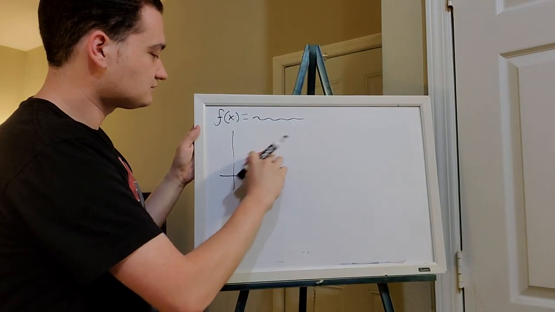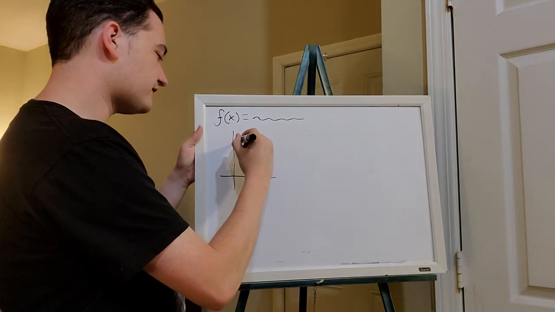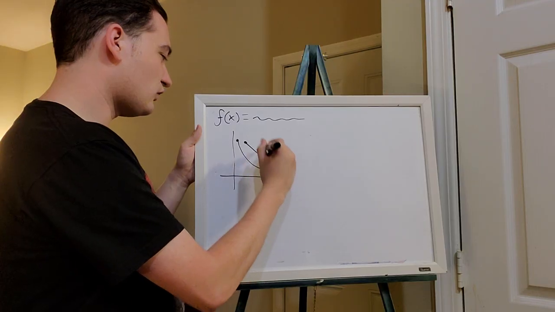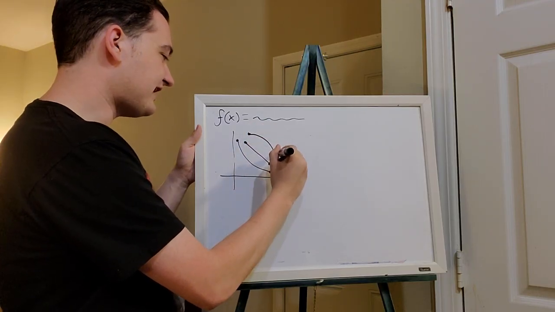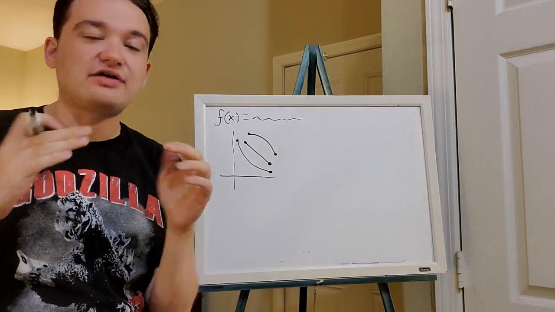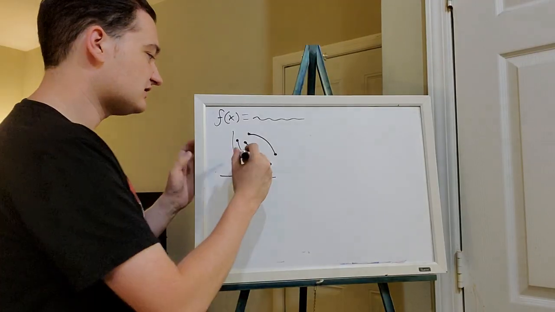Similarly, this function is decreasing, and so is this one, and so is that one. Decreasing, our y values are going down. As x gets bigger, y gets smaller.